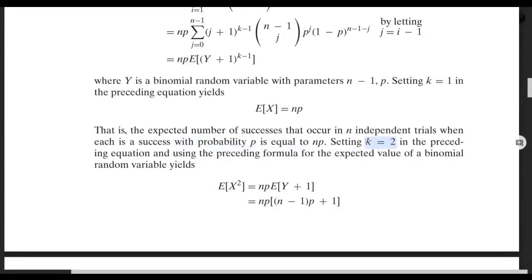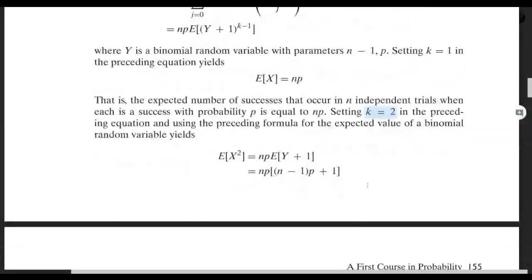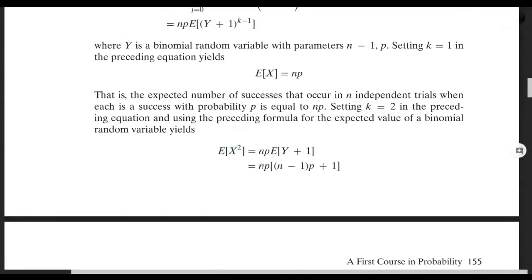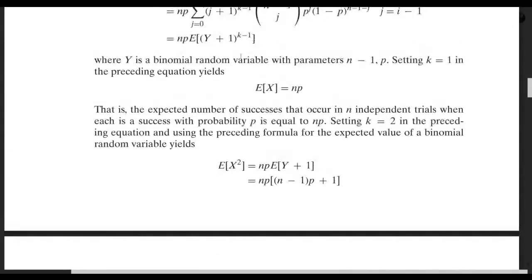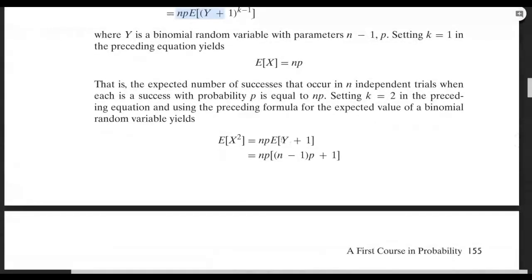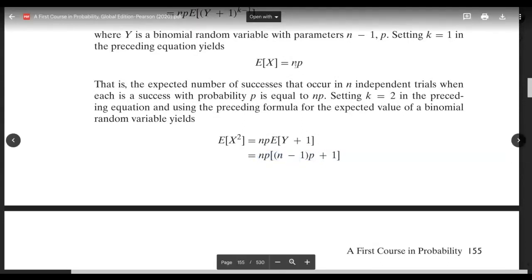If we set k equals 2, we have E of X squared equals np times E of, then 2 minus 1, which is 1, so we have y plus 1 raised to 1. And the expected value of this is n minus 1 times p, plus 1.